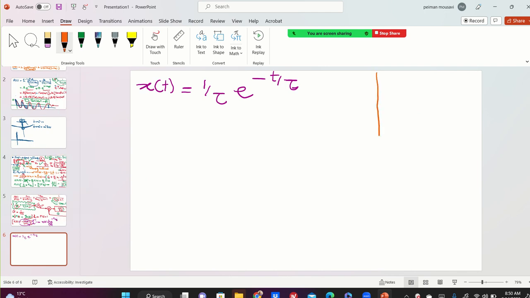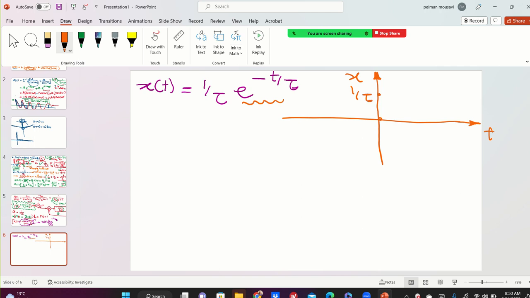If I want to plot it, x versus time. At time 0, how much is this? It is 1 over tau.